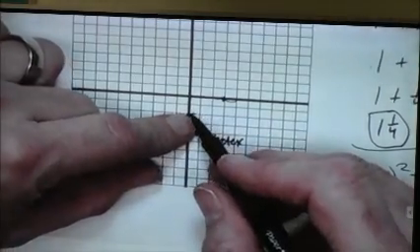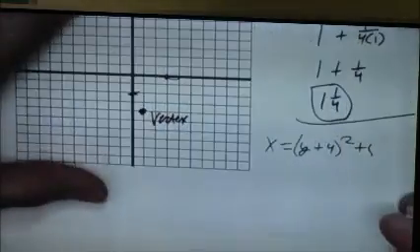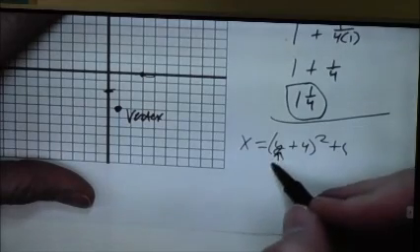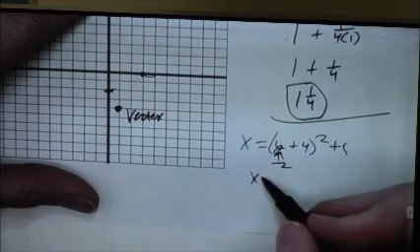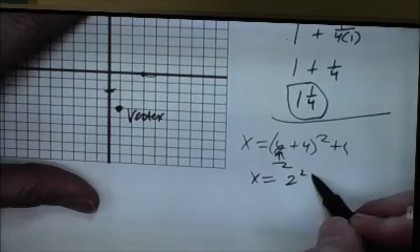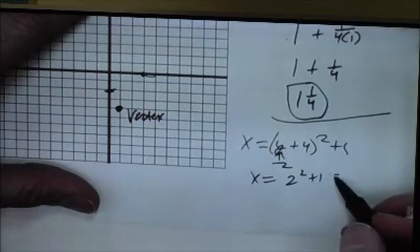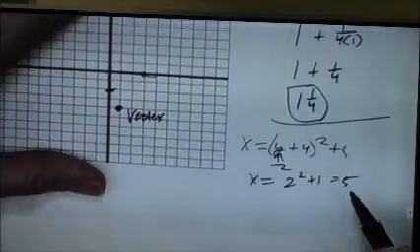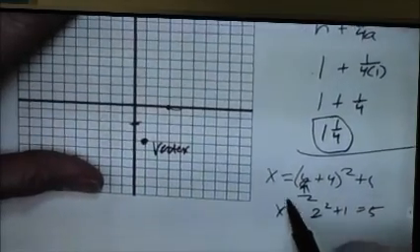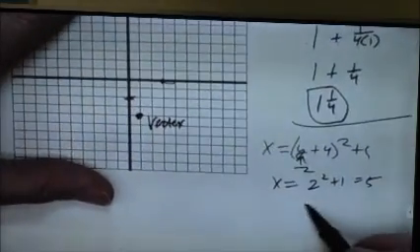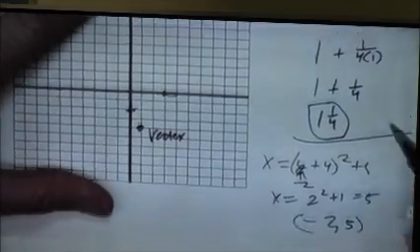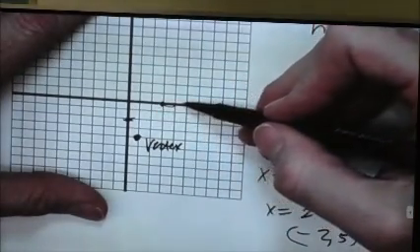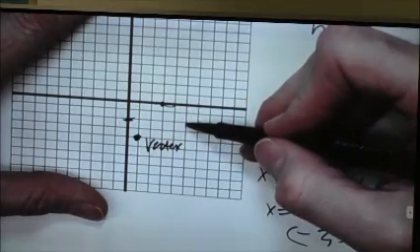So let's use negative 2 to figure out what the x value would be. I would put a negative 2 in here. X equals 2 squared plus 1. 4 plus 1 is equal to 5. So we're going to notice that because I used negative 2, I get the point negative 2 and 5. 1, 2, 3, 1, 2, 3, 4, 5.